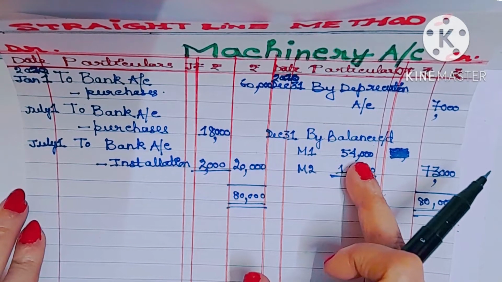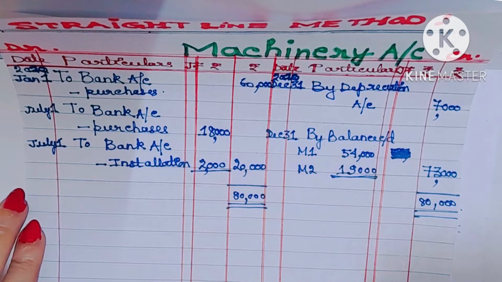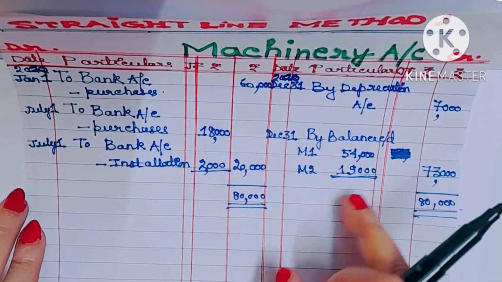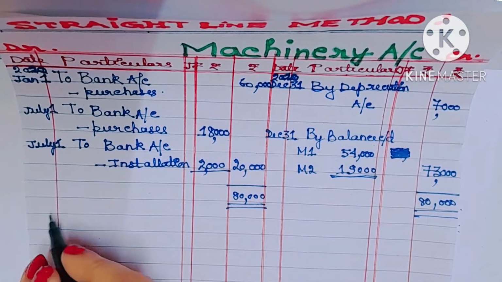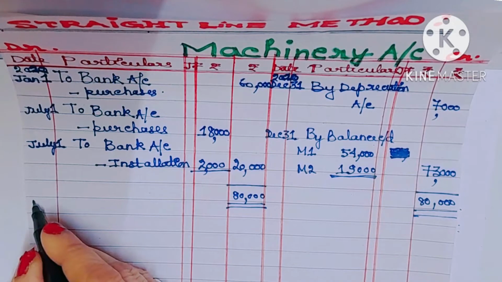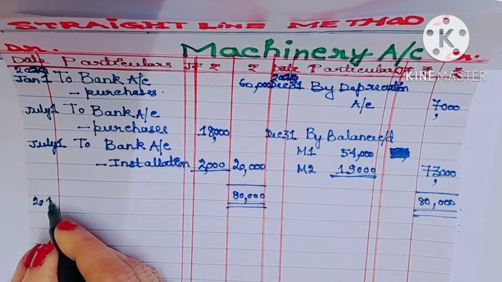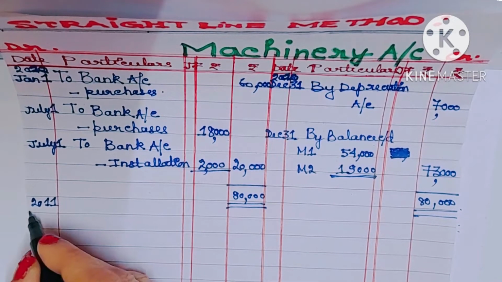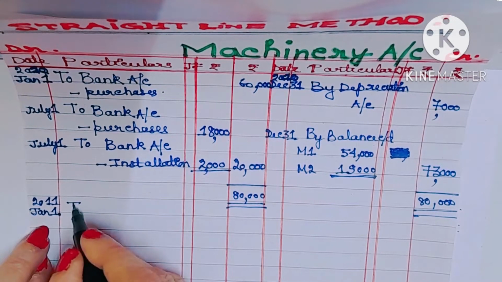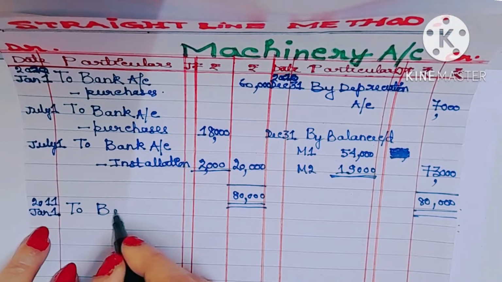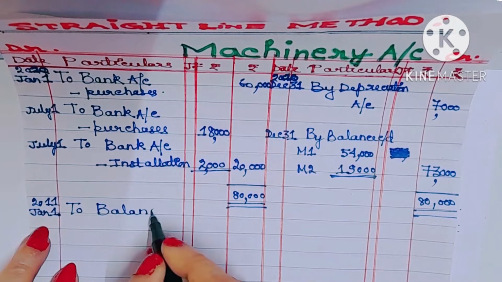So now 54,000 is the book value of the first machinery and the book value of the second machinery is 19,000. So we'll have to write second year, that is 2011, January 1st, to balance BD.